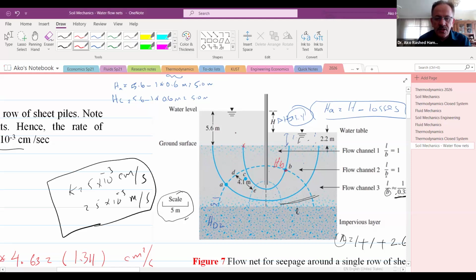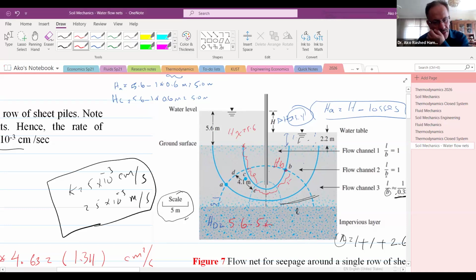So it's the pressure at X, which is equal to 5.6 minus however many drops have happened. That's 1 drop, this is 2 drops, that's 3 drops, this is 4 drops, this is 5 drops. So 5 drops have happened. So HD is equal to 5.6 minus 5 drops.